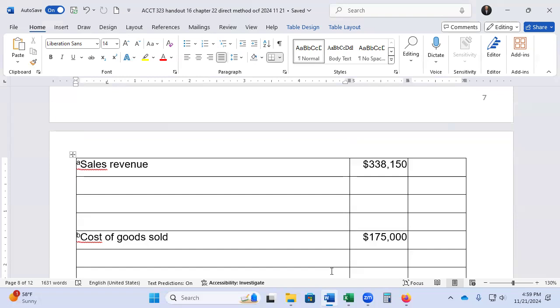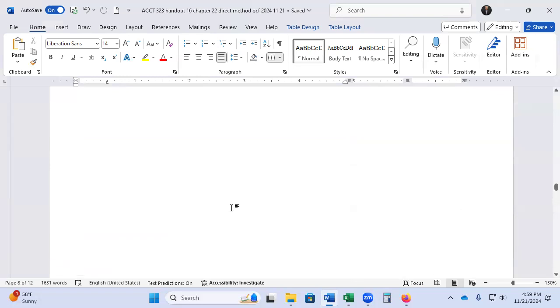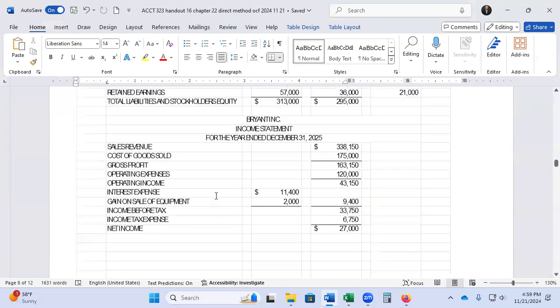We have our sales revenue, which comes directly from the income statement. Then we look at our formulas.